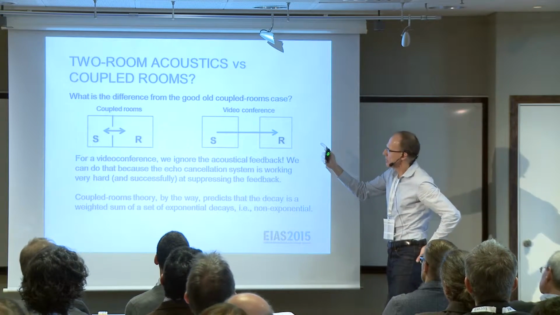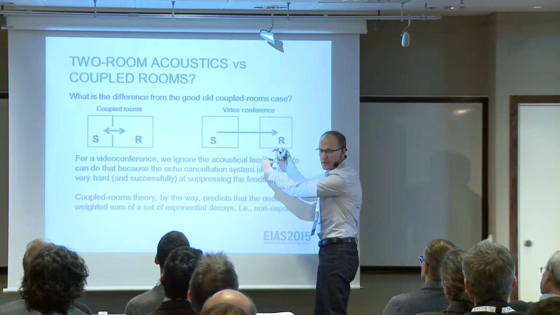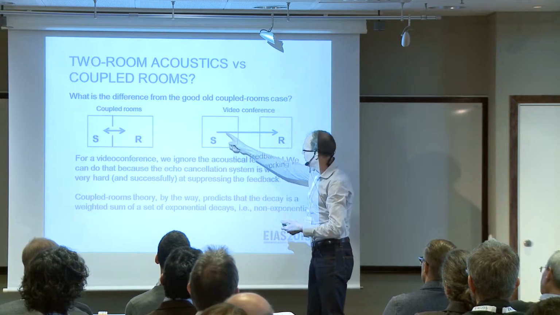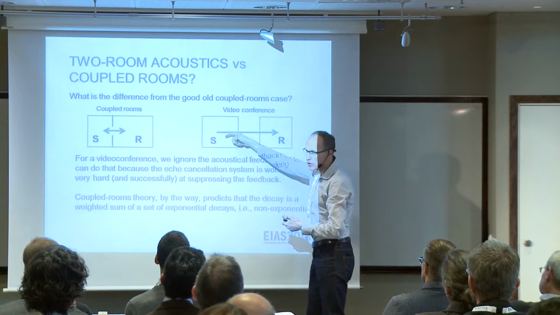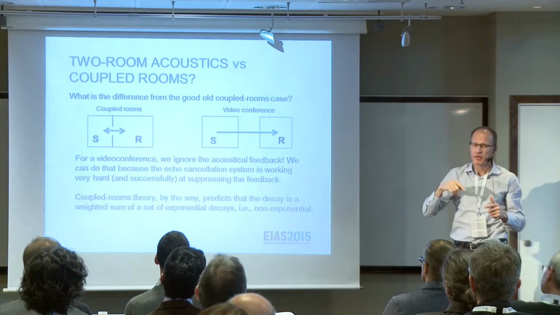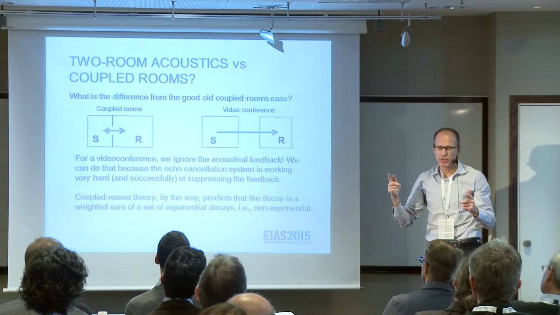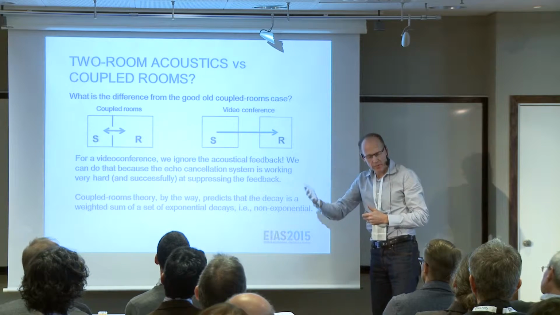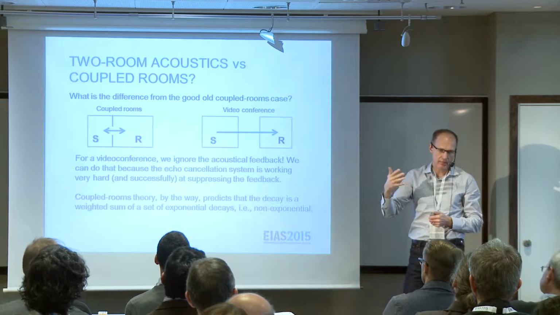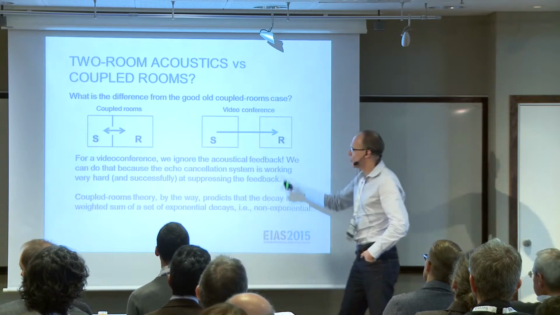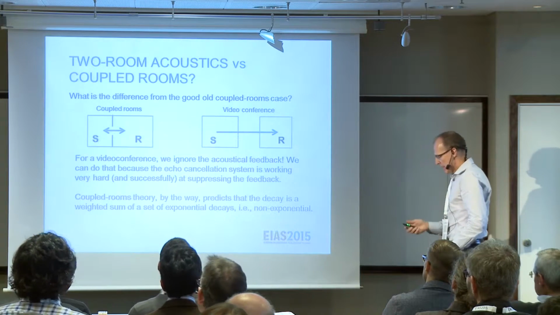It is certainly so that the communication is two ways, but the feedback of this sound back to the source room is usually suppressed very efficiently by echo cancellation systems. If it hadn't been, we would get very annoyed by acoustic feedback in video conferencing. So we can view the situation as a one-way transmission.